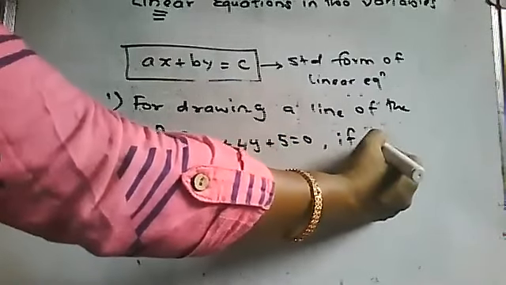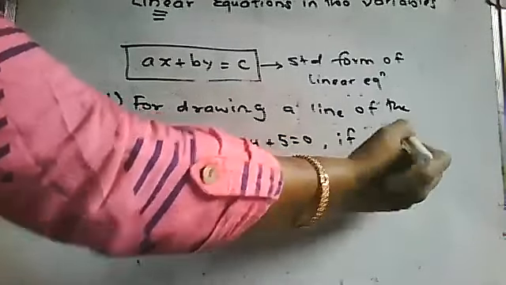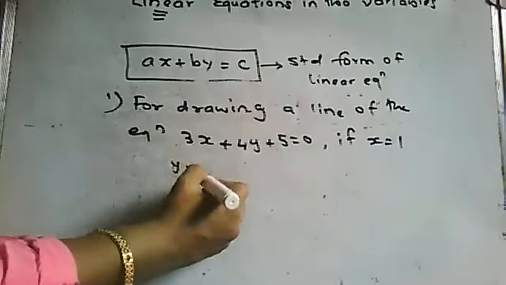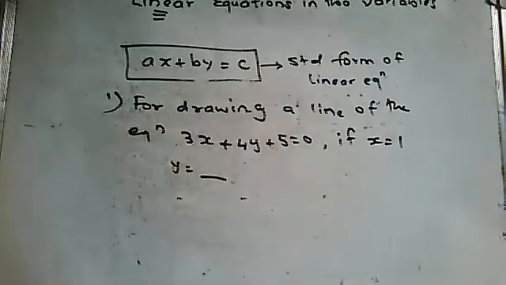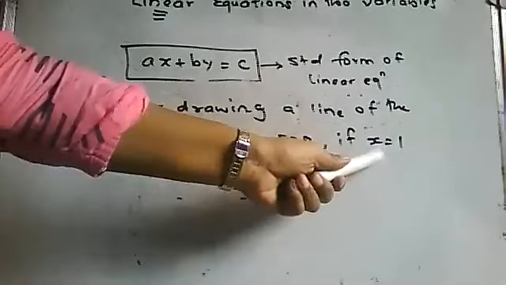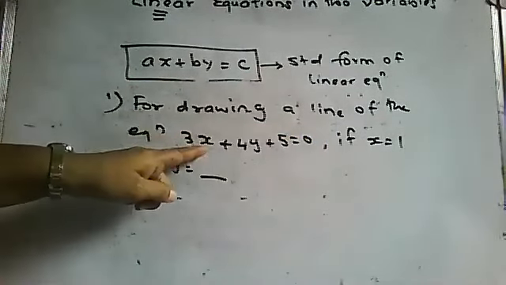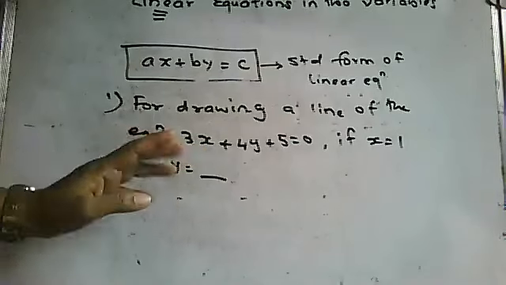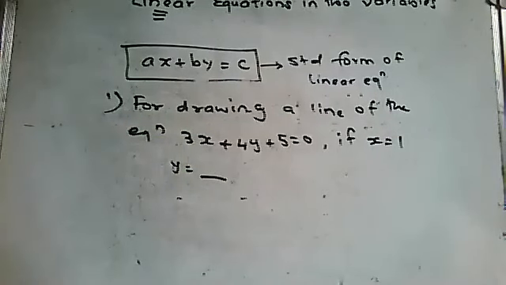If x is equal to, suppose 1, y is equal to how much? This way also they may give you the question. For drawing, only one variable is given. So when x is given, you need to substitute here. That's all. And get the value of y. This way they may ask you the question. X is given 1. What will be y?